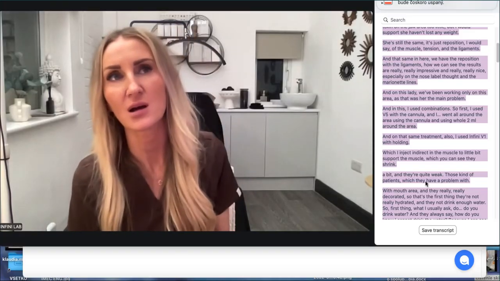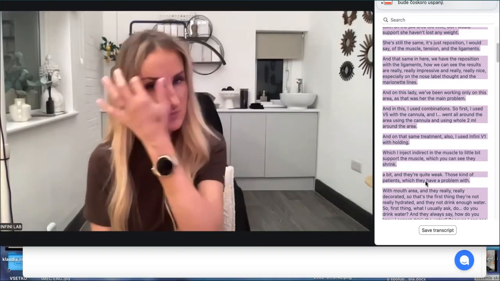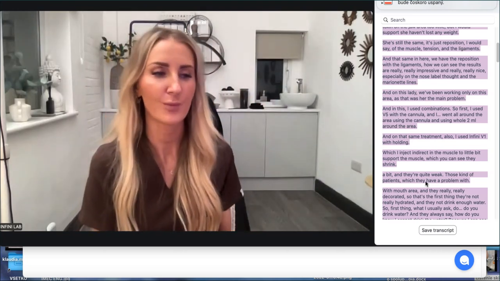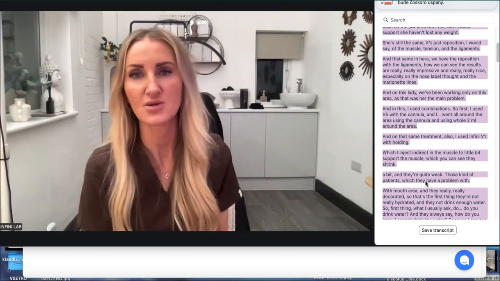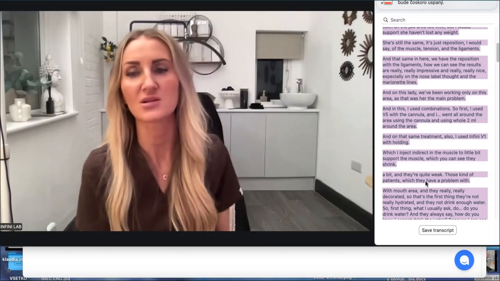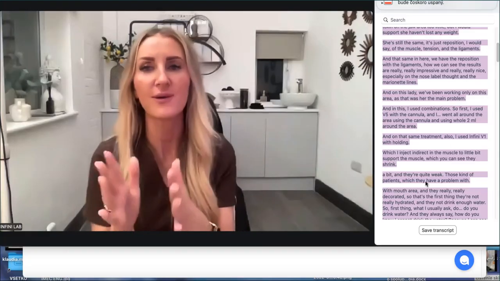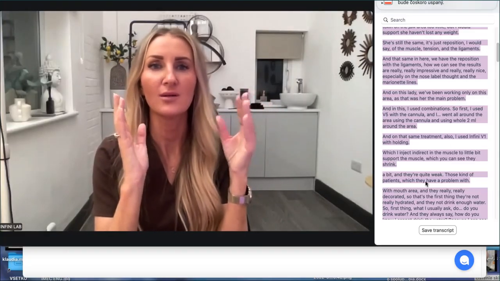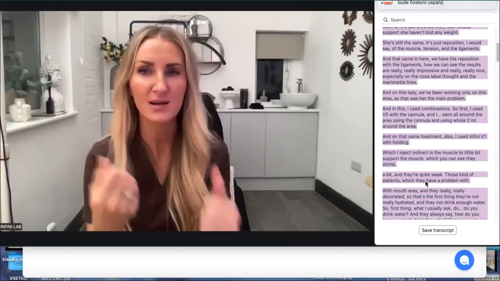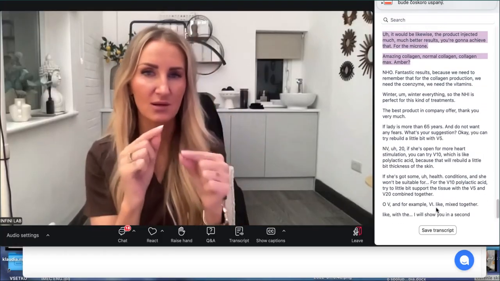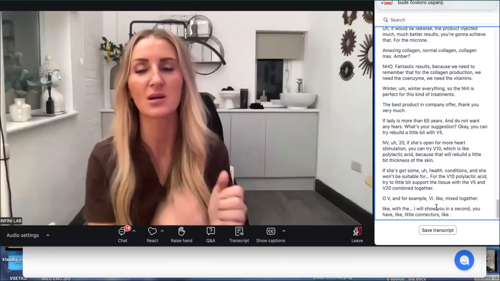If she has some health conditions and won't be suitable for V10 polylactic acid, try to support the tissue a little bit with V5 and V20 combined together, or V5 and, for example, VI mixed together. I will show you in a second, you have little connectors, female to female, and you can mix product.